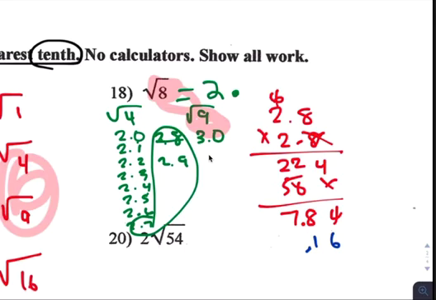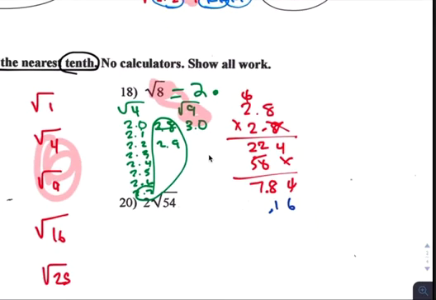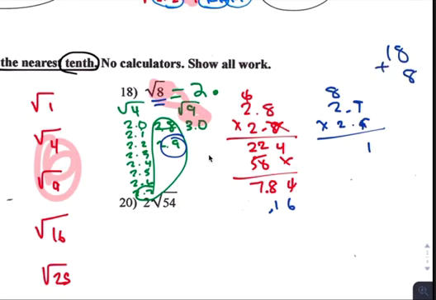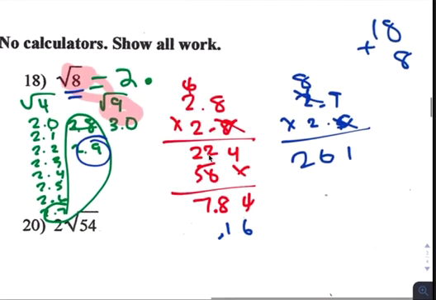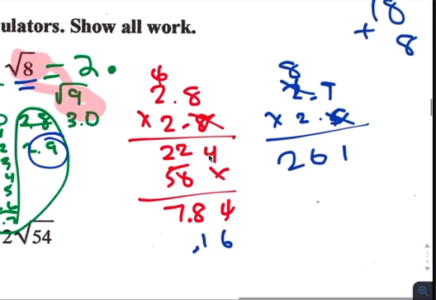So probably 2.8. But this is lower than 8, so we'll choose 2.9, see what happens. 81, carry the 8. 18 plus 8 is 26. 2 times 9 is 18, carry the 1, 5.